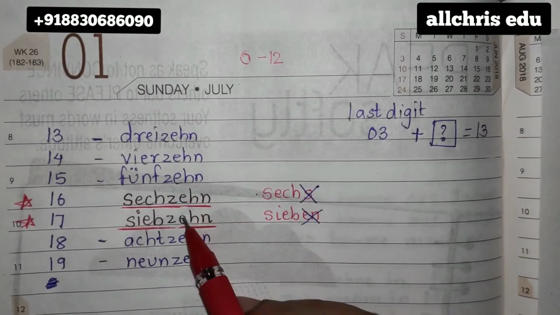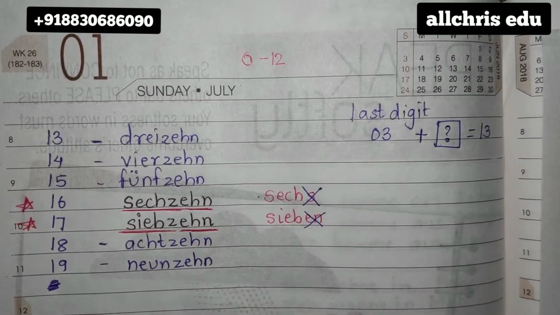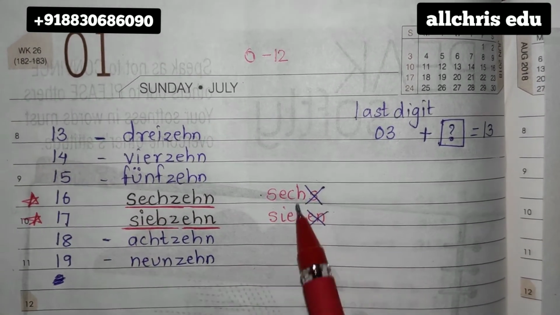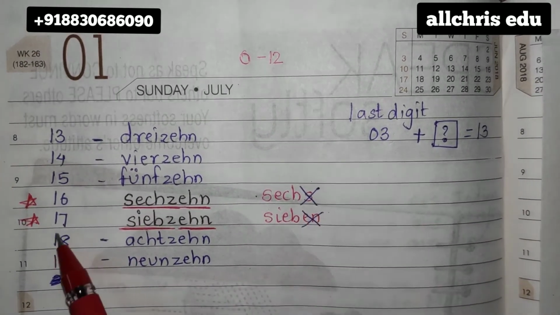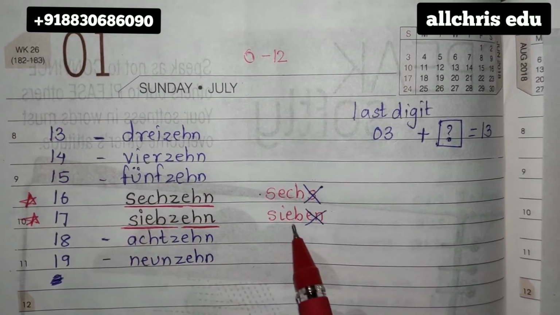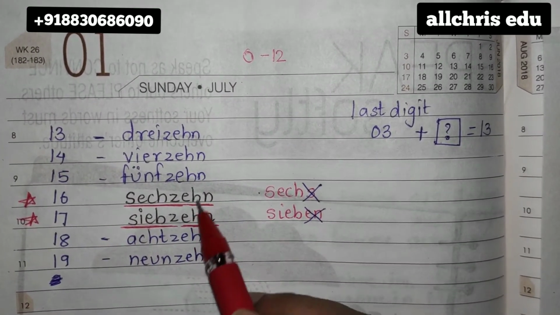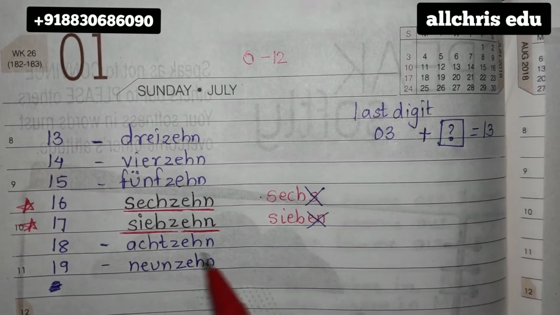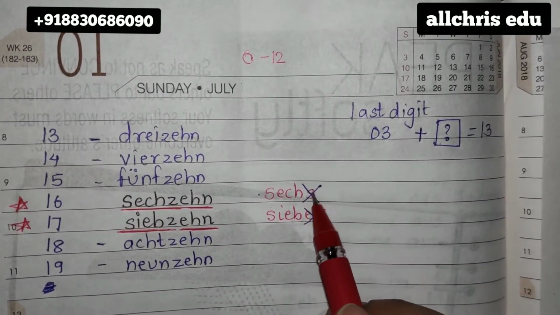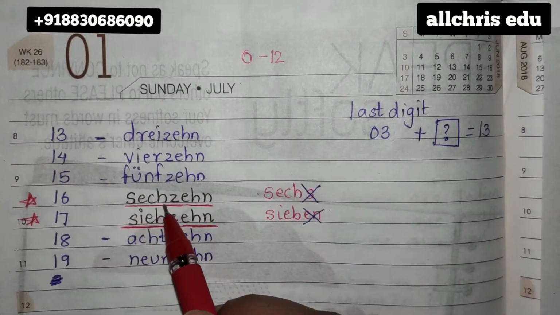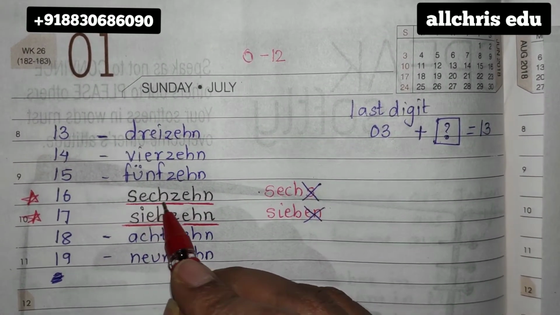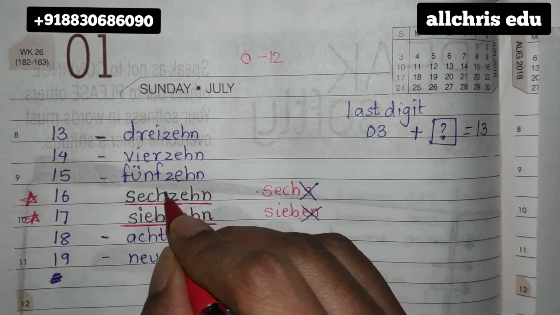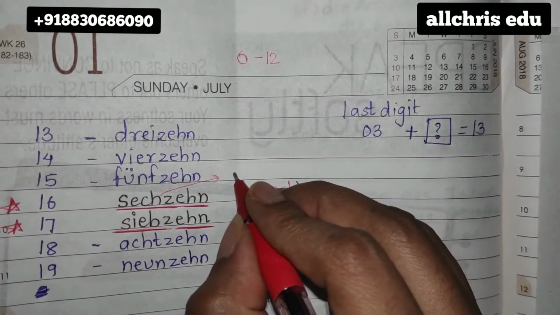I don't have any trick for this, so you can keep it in your mind. Actually, 6 in German we say sechs, and 7 we say sieben. But in these two numbers we have to cut the last digits. So 16 becomes sechzehn; we cut the S, it becomes sech. Whenever this CH comes in this number, the sound of CH is kind of sh.